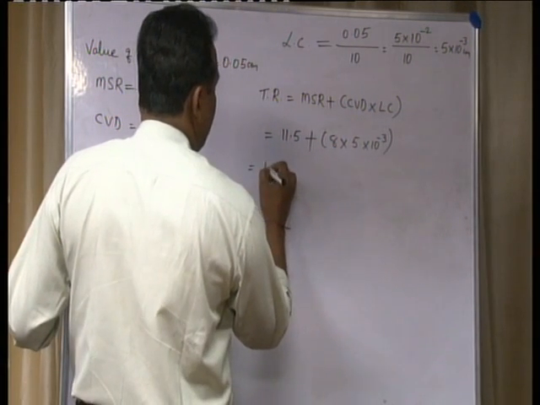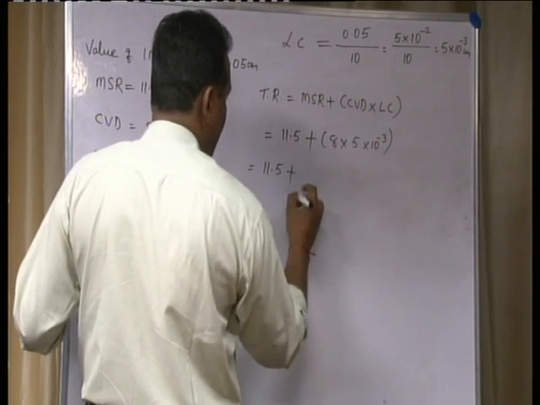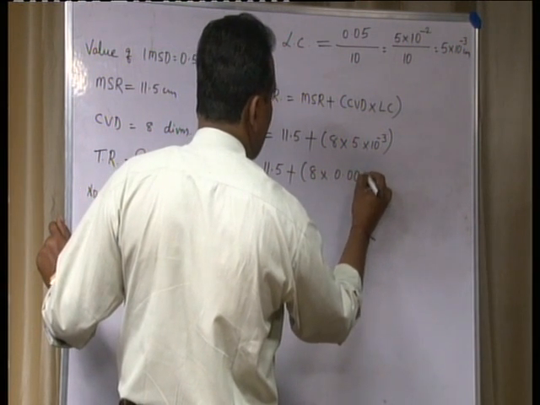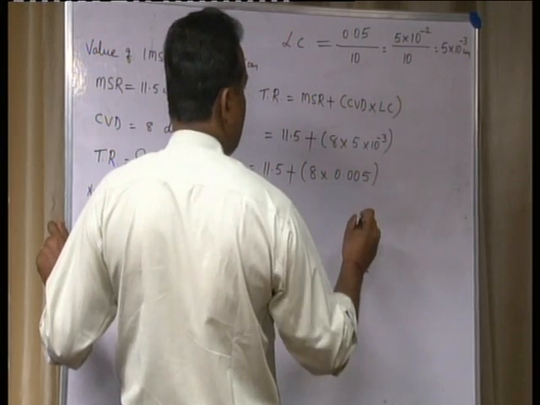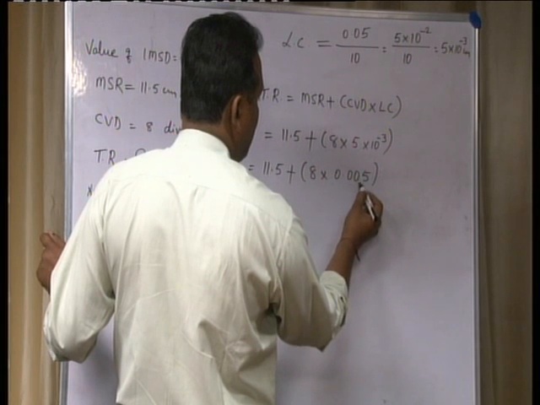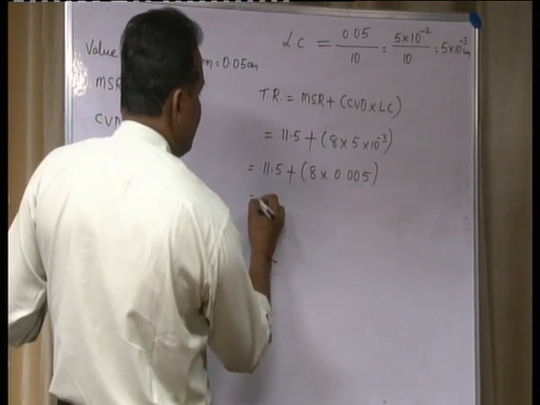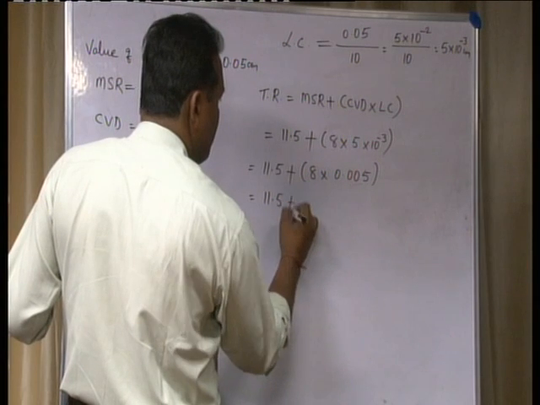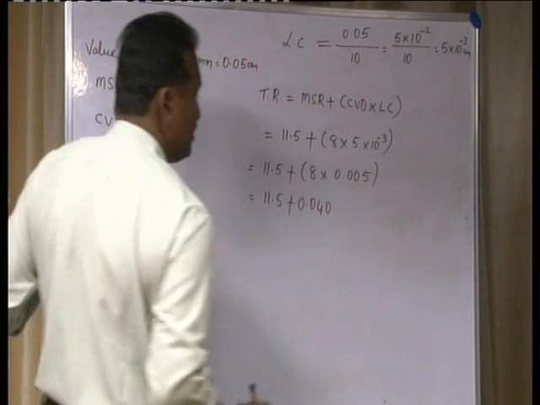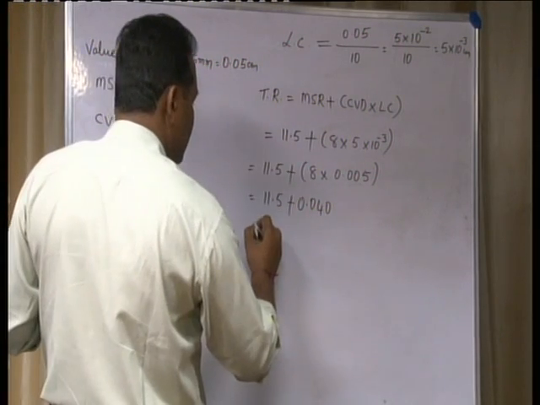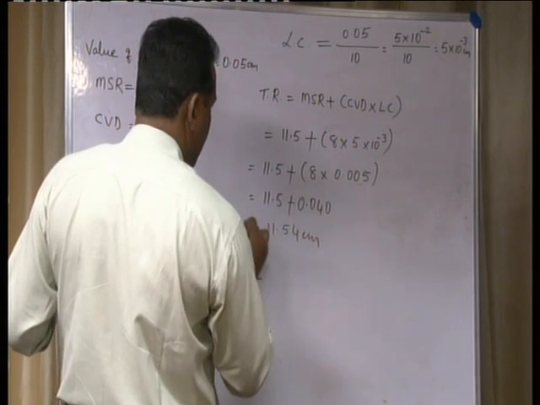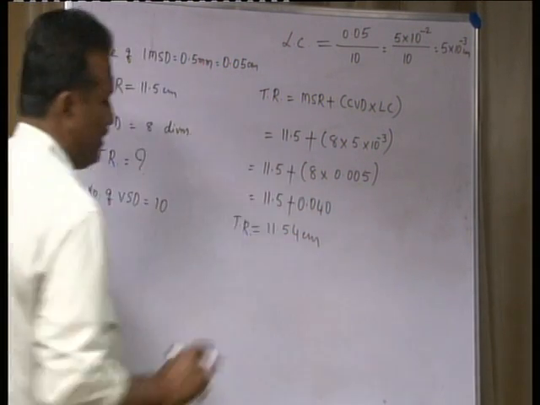Now, it is 11.5 plus 8 into 0.005. So, 8 5s are 40, 0.04. So, by adding these two you can write 11.54 centimeter is the length of the given object.